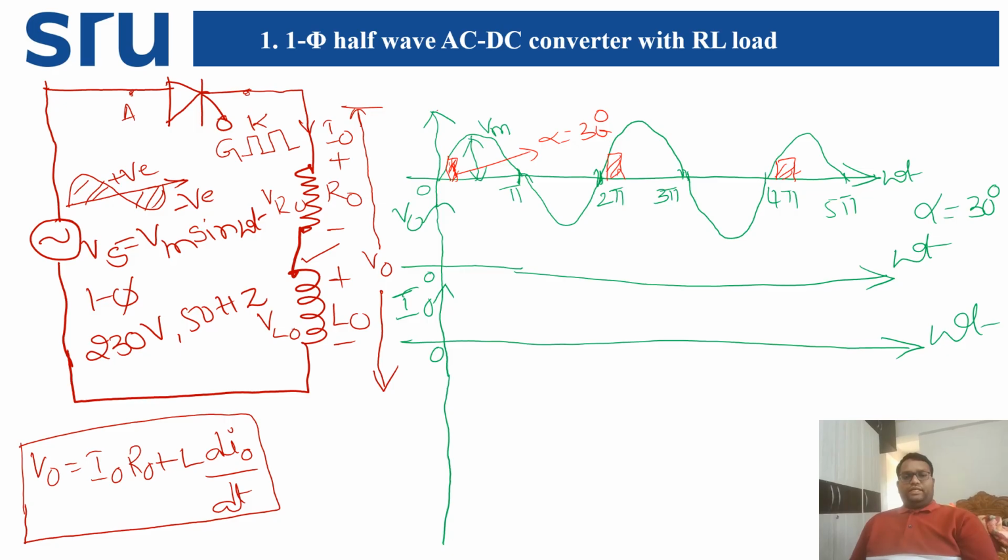So along with this firing angle, parallelly you draw one line which indicates the V naught and I naught. Indicate like this. Next, one more at 180 degree, you draw a line so that the pulses will appear here. Next, at 2 pi you draw a line.